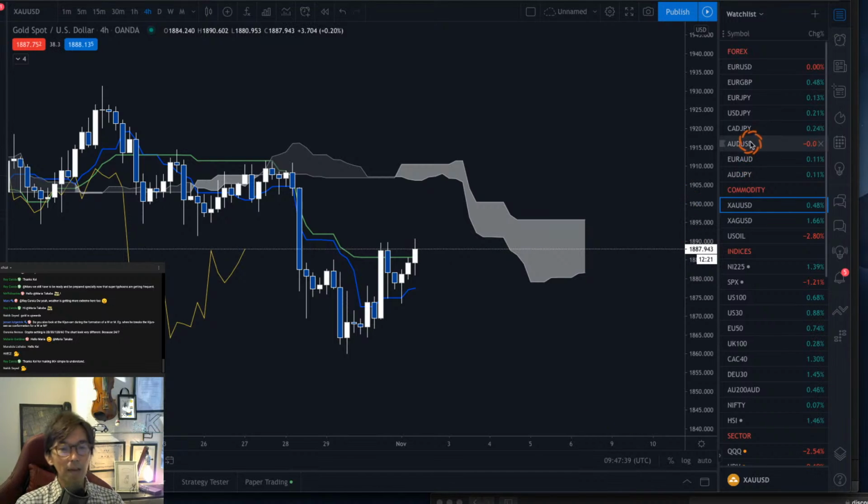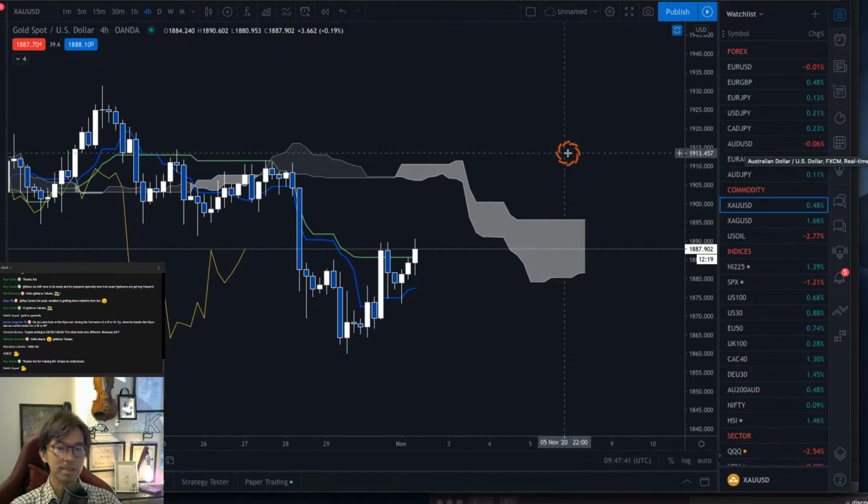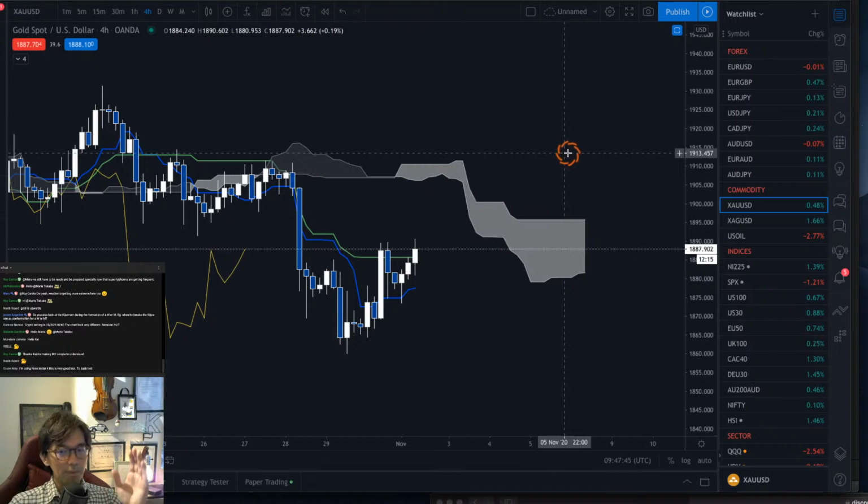So sometimes the neckline breakout happens before the Kijun Sen break, or the Kijun Sen breakout might happen first. But if you find these 2 confirmations, neckline break and Kijun Sen break, then that might be the reversal to the Kumo that you can expect.